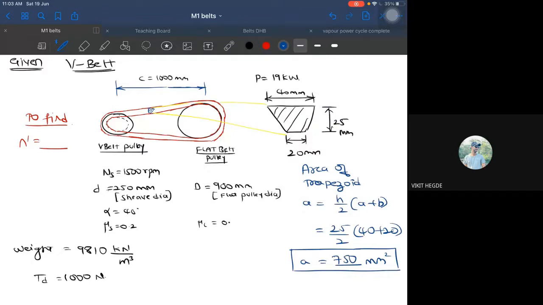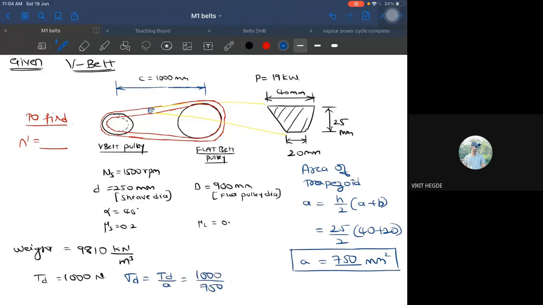Now, what is the next step so that you can do it without my help? Very good. So the design tension is given, and from that you can calculate the design stress. Divided by area, it is 1000 divided by 750.